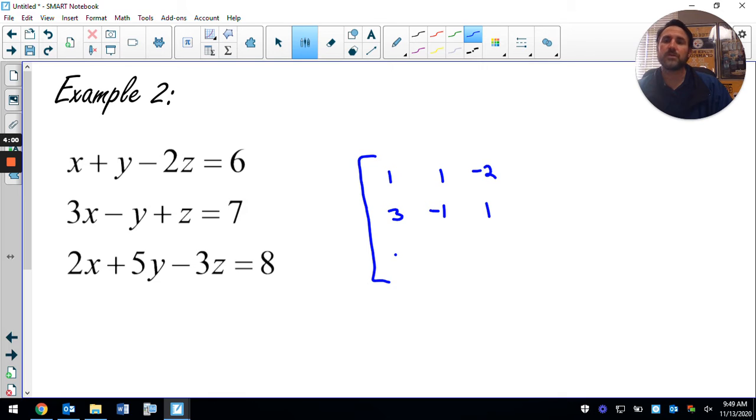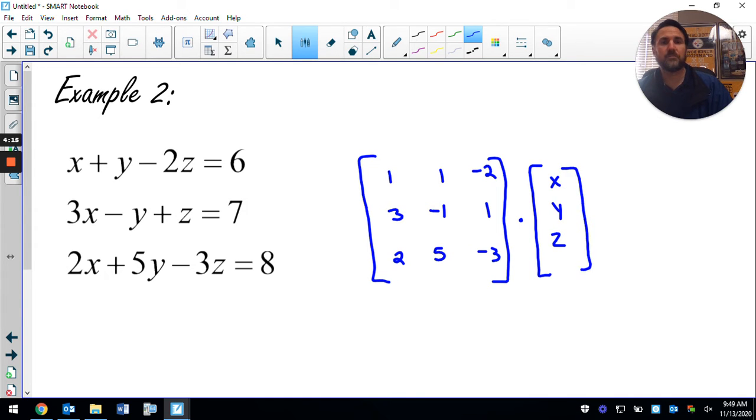And the last equation is 2x, 5y, and -3z. So all of our coefficients go in the first matrix. The second matrix here is going to be the variables, x, y, and z. And the third matrix is the constants, 6, 7, and 8. Okay, so that's how you do your homework.